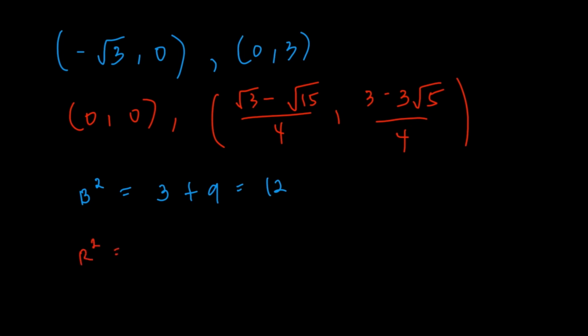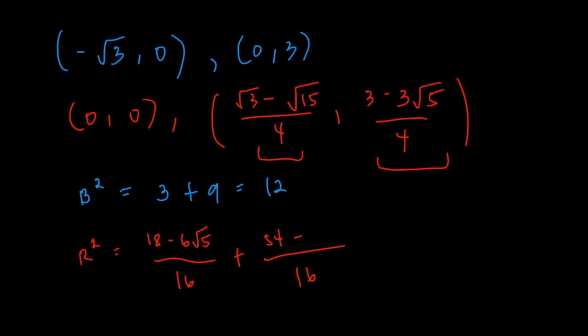So we want the value of r squared. Squaring the first term, we're going to get something over 16, so we're going to get 18 minus 6 square root of 5. And then squaring the second term, that's going to become, again, something over 16. So it's going to be 9 plus 45, so 54, minus 18 square root of 5.